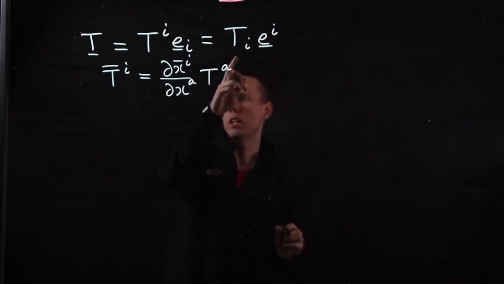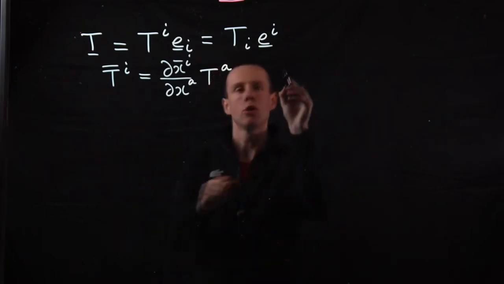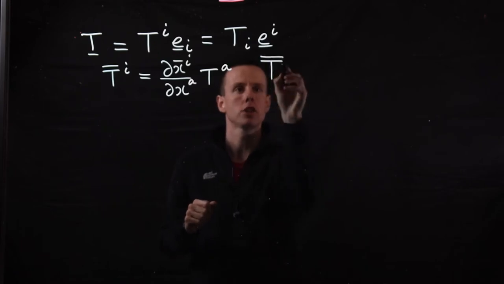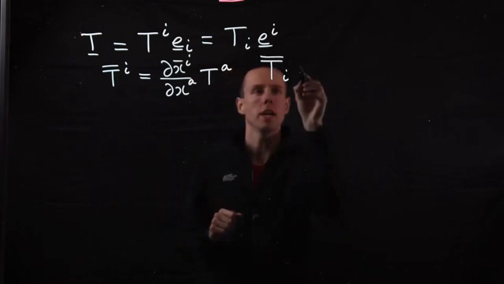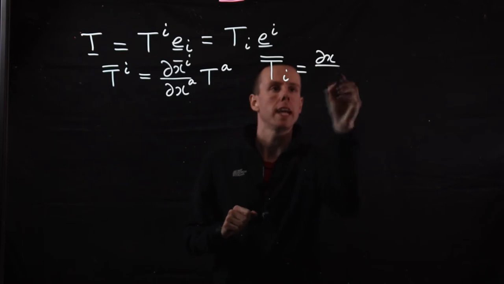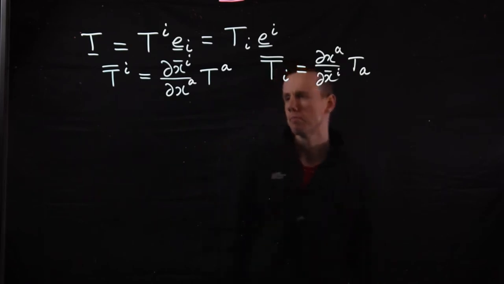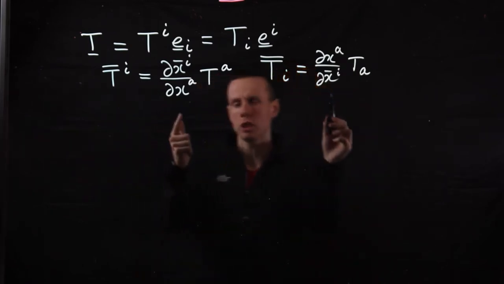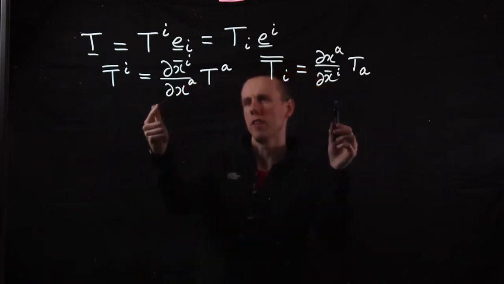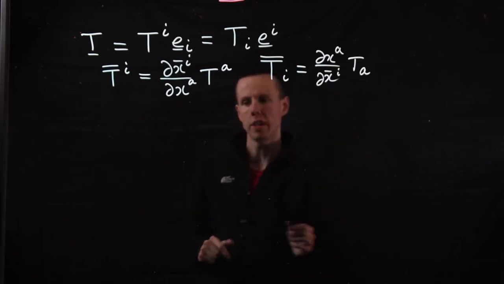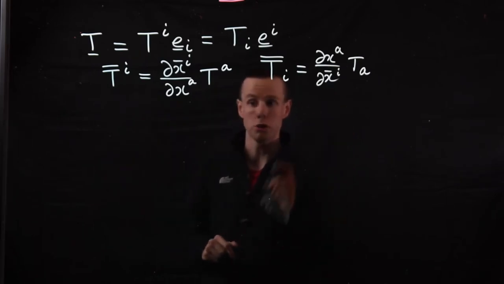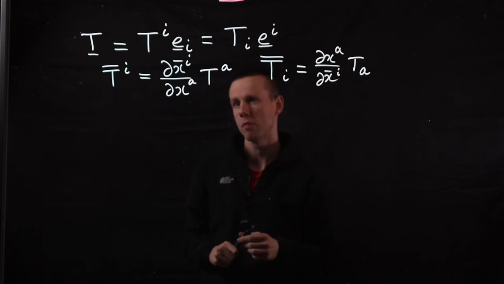As for the corresponding transformation for the covariant components, t bar subscript i equals dx a over dx bar i times t subscript a. Those are the transformation laws for the contravariant and covariant vector components. Those you should know off by heart.